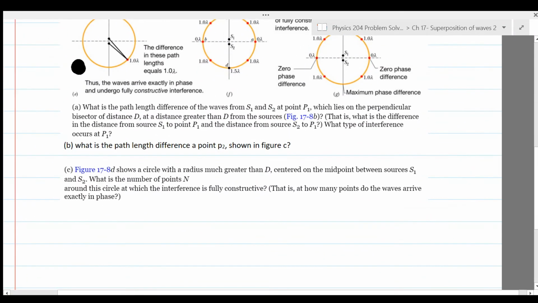In part A, we want the path length difference of the waves from S1 and S2 at point P1, which is on the perpendicular bisector.